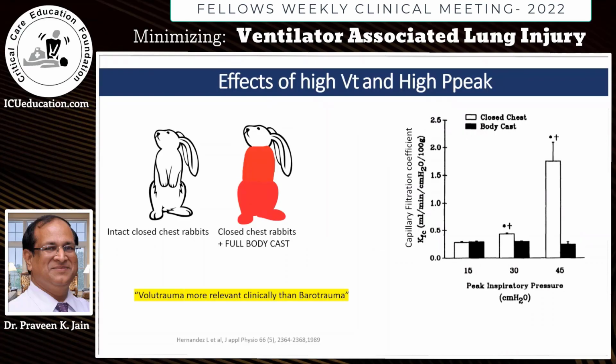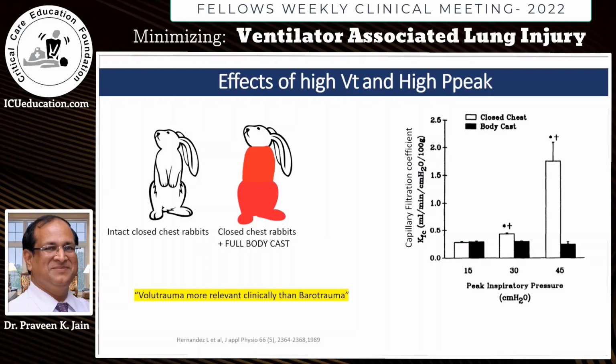Hernandez and his team studied rabbits with intact closed chest and compared them to similar rabbits who had a full body cast so that the thoracic volume could not increase. He then ventilated them with a peak pressure of 15, 30, and 45. What he found was that in those with a full body cast, where only the pressure went up and the lung volume did not increase, there was very minimal evidence of lung injury.